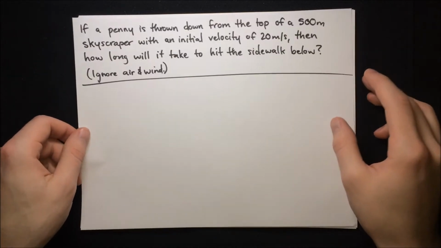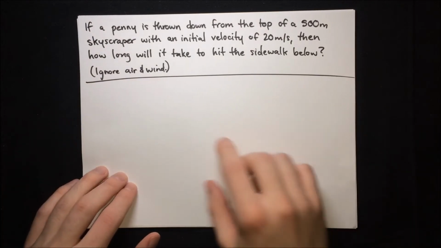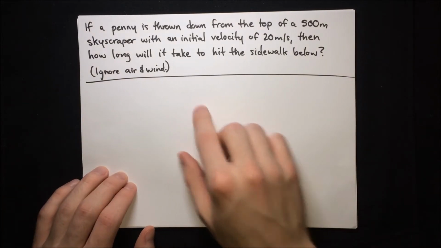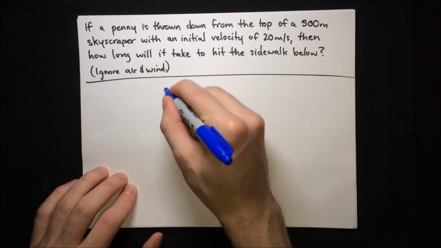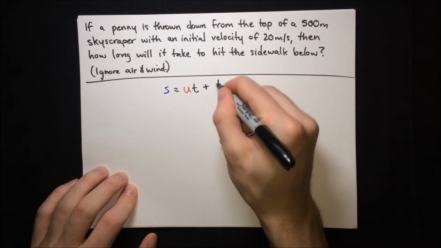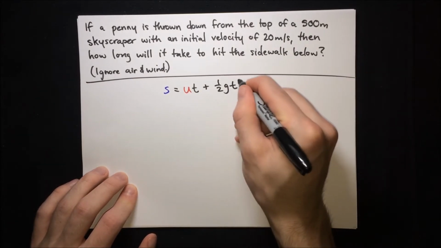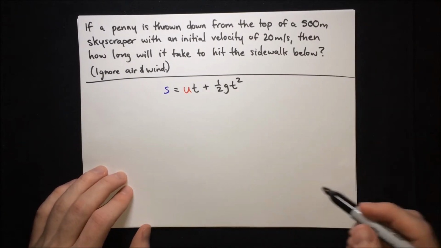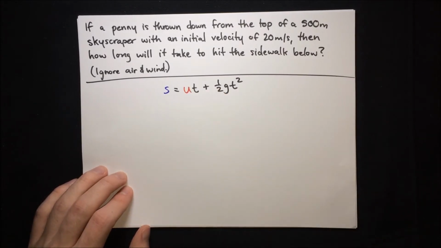Here's another example. It's a little bit more challenging because we're going to actually need to use some algebra here, but the starting approach is still the same. We've got our master equation, s equals u times t, then plus a half g t squared, and we're going to look to the problem for all the information to plug in here.